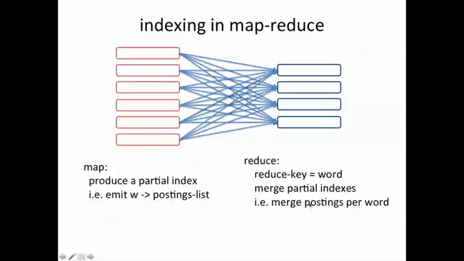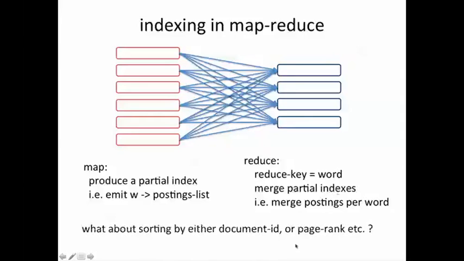That is, merge these postings lists per word into a common postings list. An interesting question is, what if you had to sort either by document ID or by page rank as we had in our first homework assignment? What do you think you'd need to do then? Would you need another MapReduce phase? Think about it.